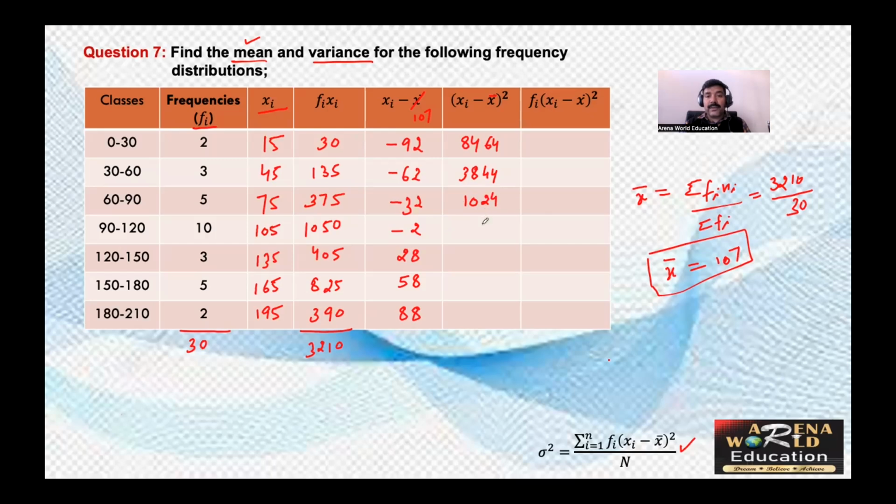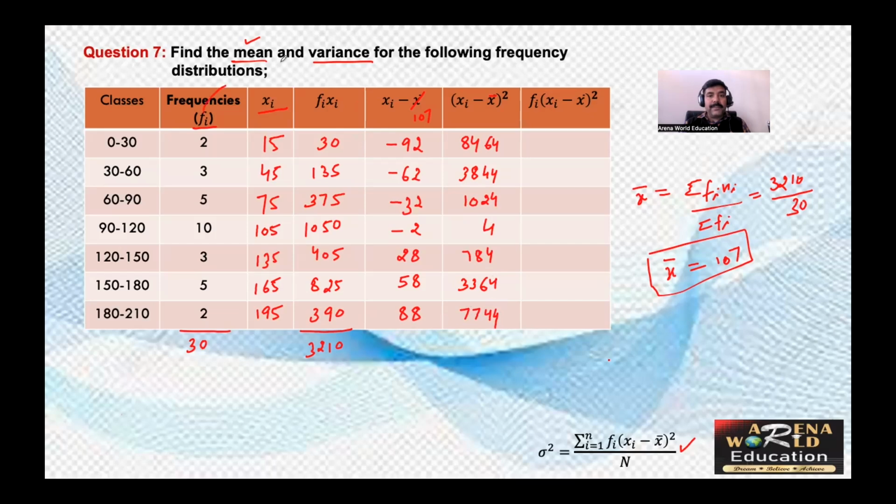Minus 2 square is 4. 28 square will be 784. 58 square is 3,364. And 88 square will be 7,744. Right?